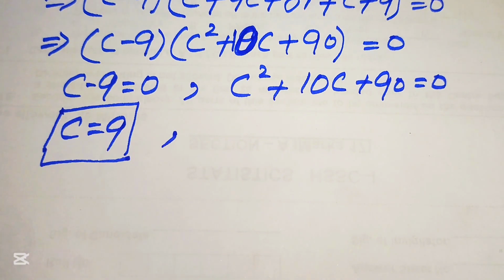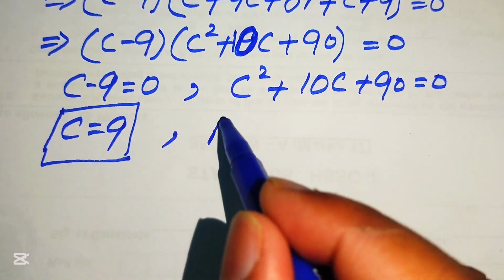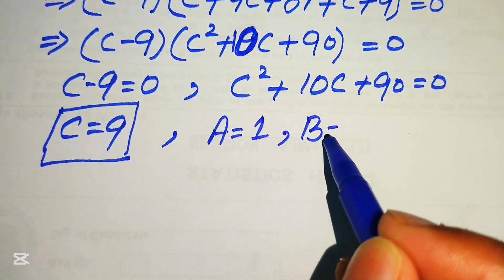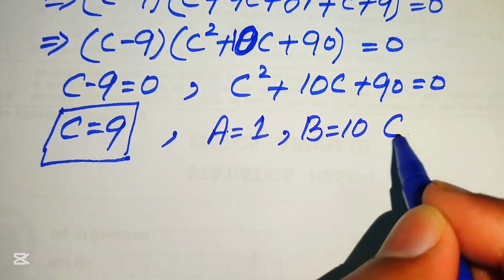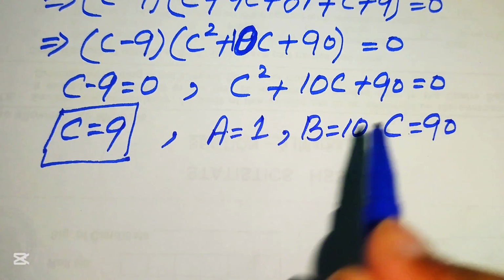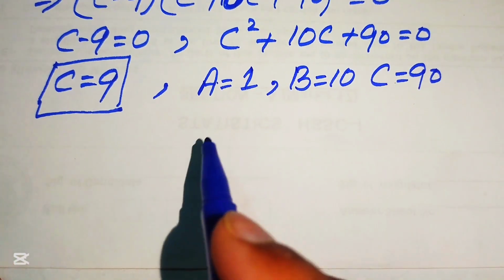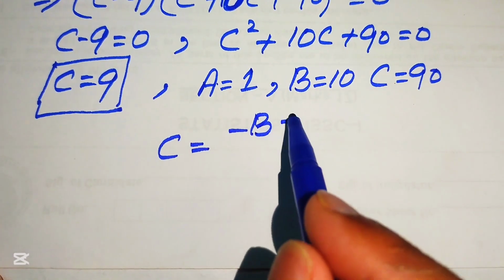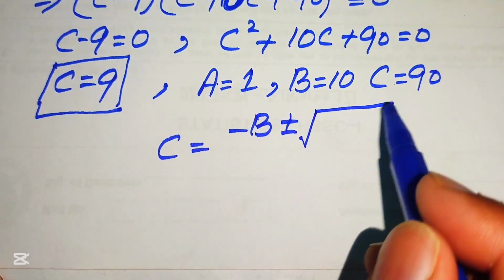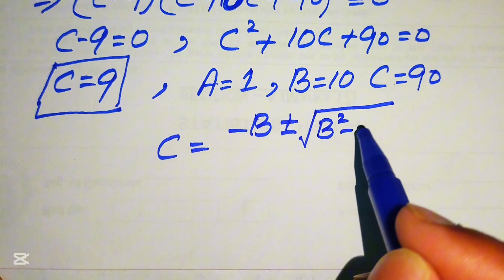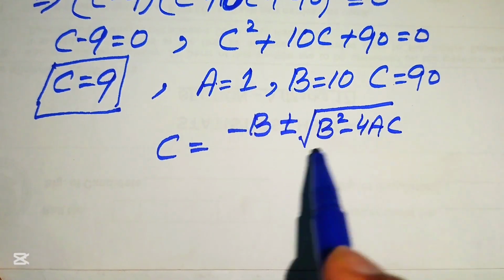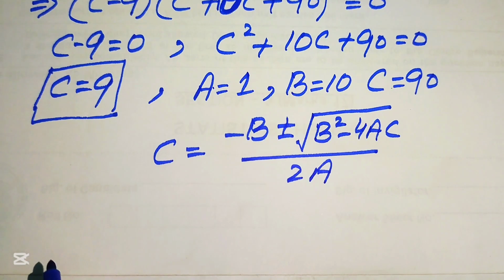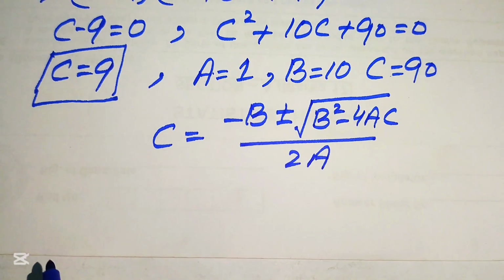First we write the coefficients of this equation: A = 1, B = 10, and C = 90. And we know that the quadratic formula is stated as c = (-B ± √(B² - 4AC)) / 2A.